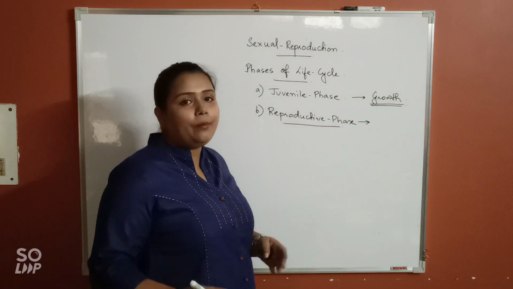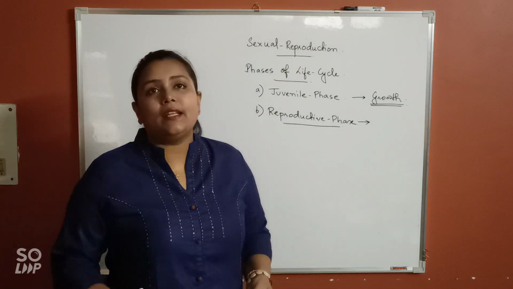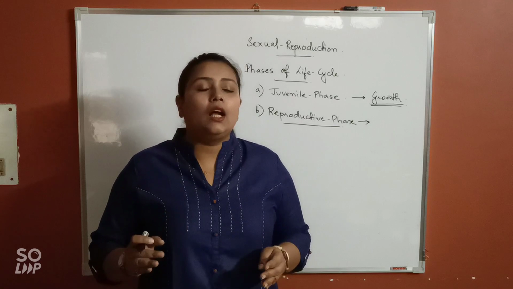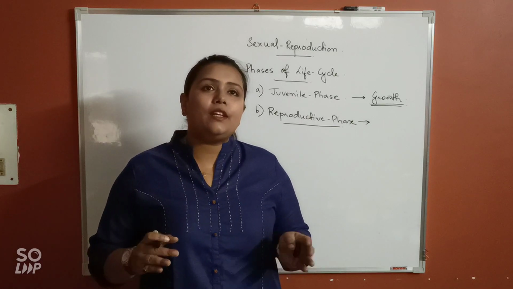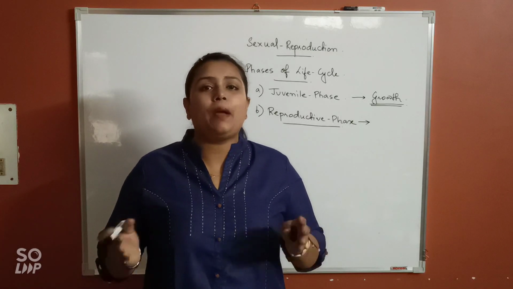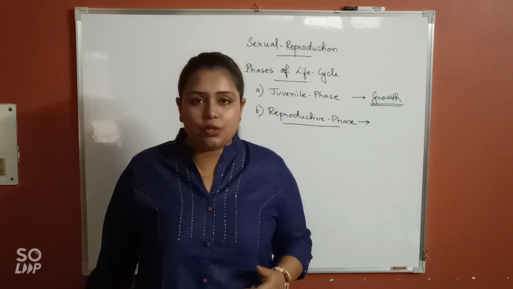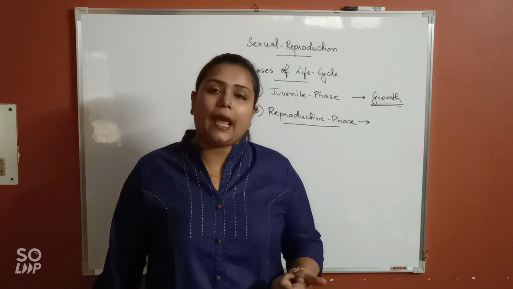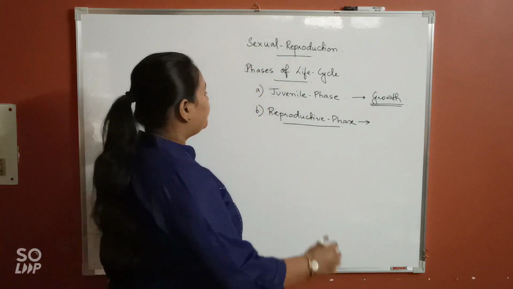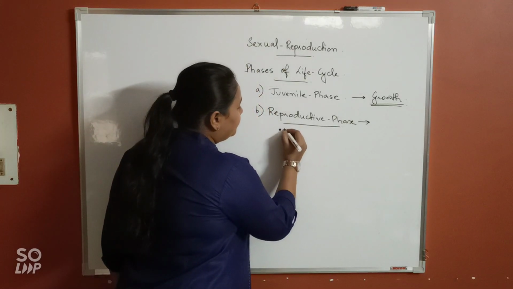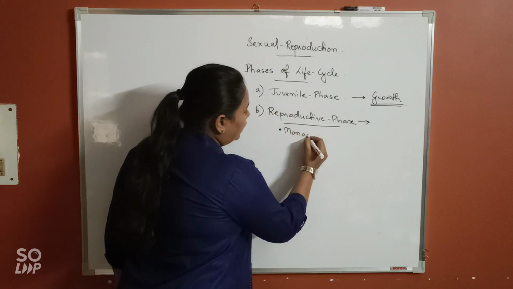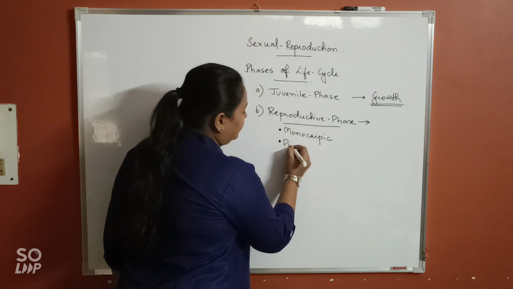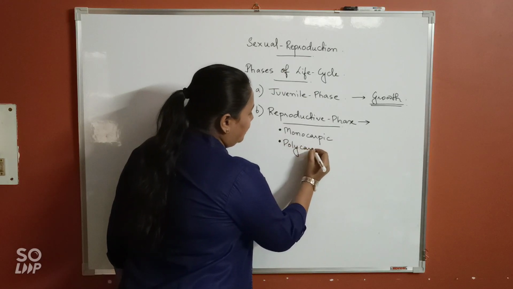Now if we are talking about flowers here, you must again know that plants don't flower throughout their life cycle, or in different plants there are different patterns of flowering or fruiting. So according to the pattern of flowering and fruiting, plants again can be of two types: monocarpic and polycarpic.